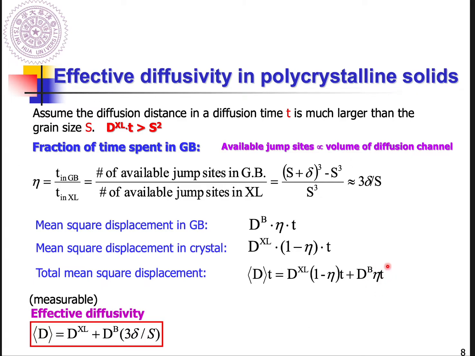Iota t is the real time that the diffusing atom really stays in the grain boundary. So we drop the t out, then we can get the diffusivity expression. The effective diffusivity is expressed like this.